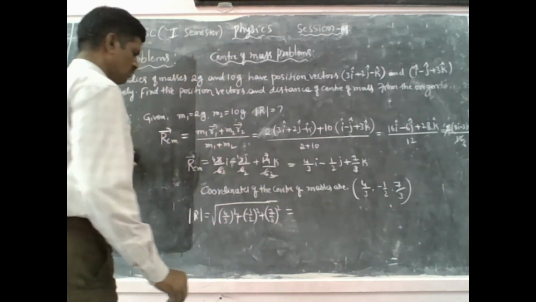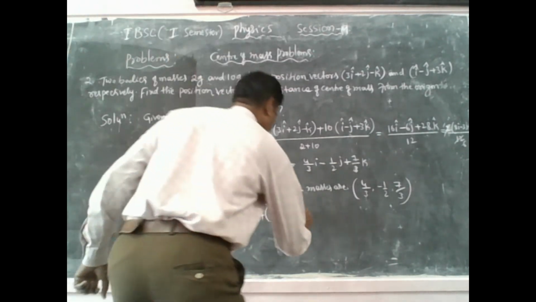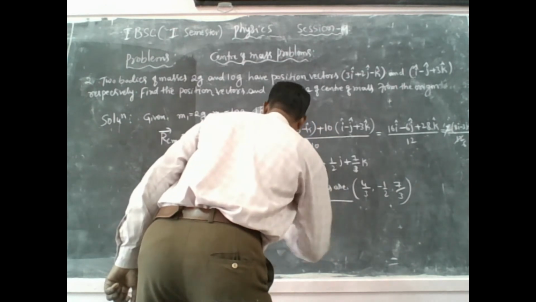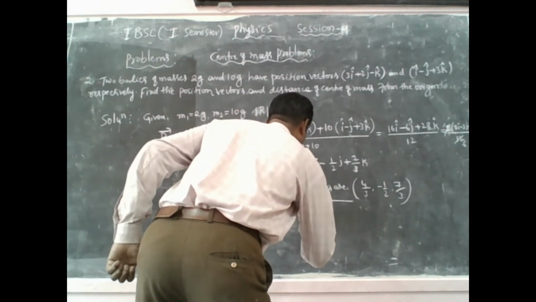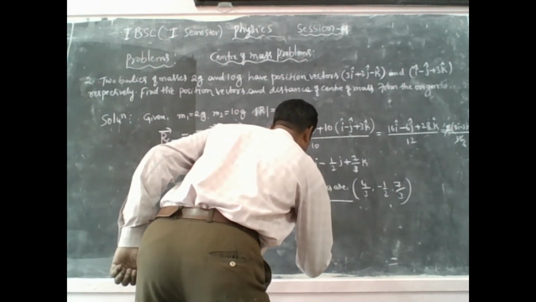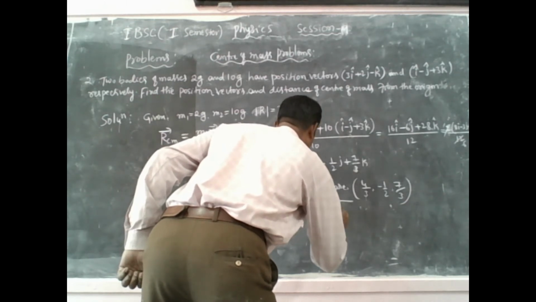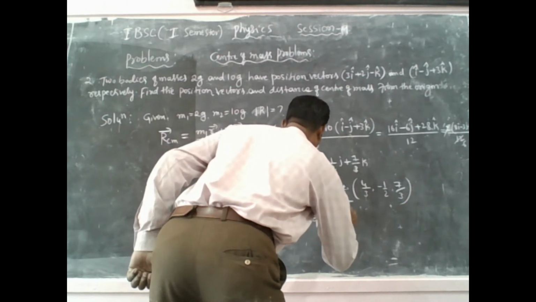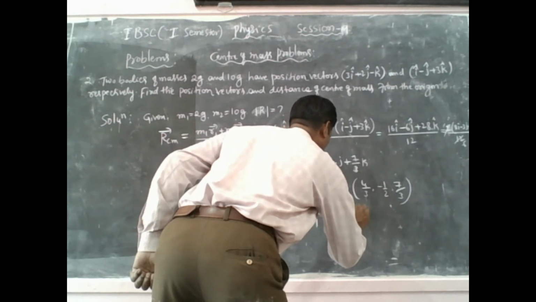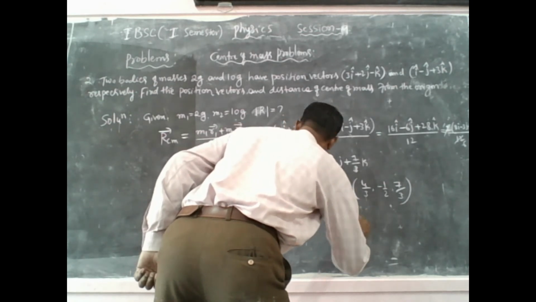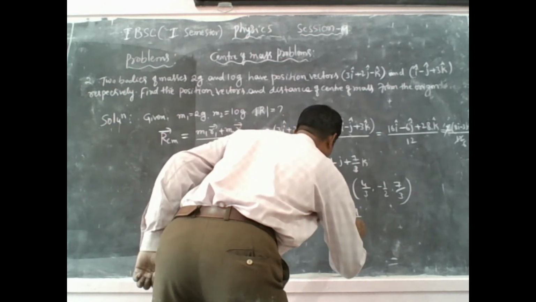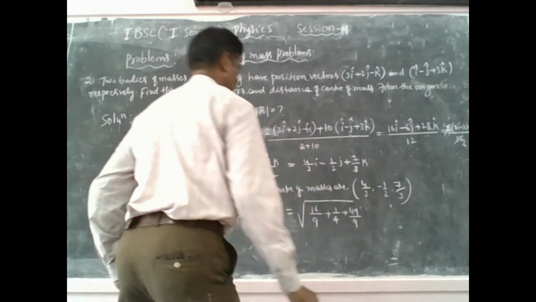So that is equal to root of 4 square means 16 divided by 3 square means 9, plus 1 by 4, plus 49, 7 square means 49, divided by 9.